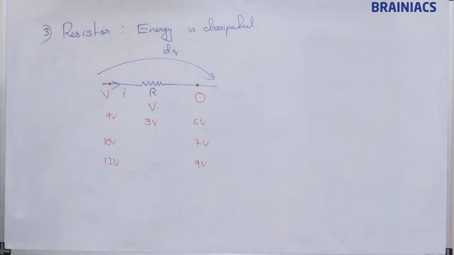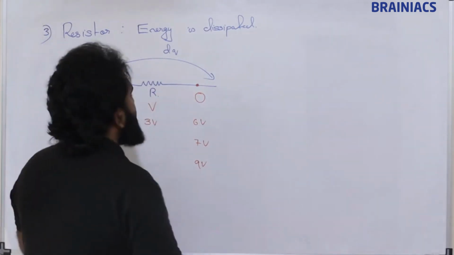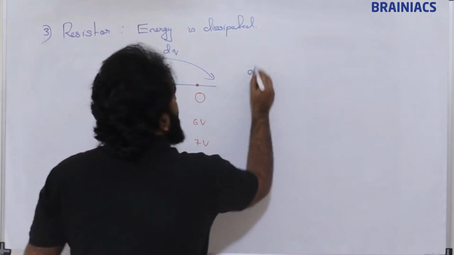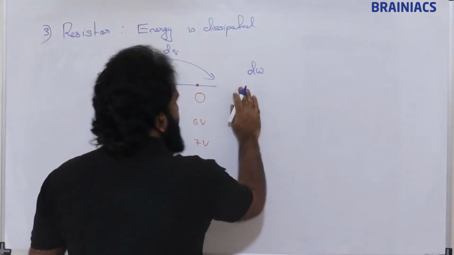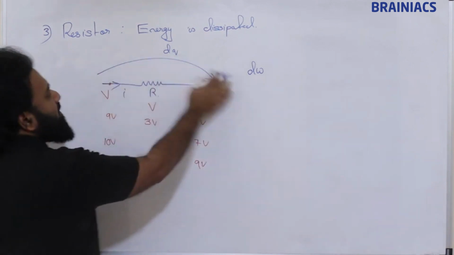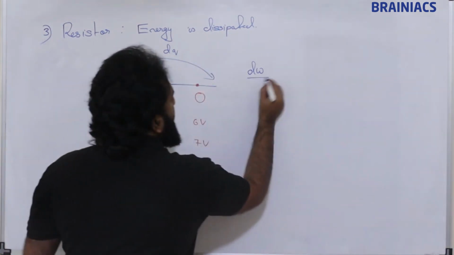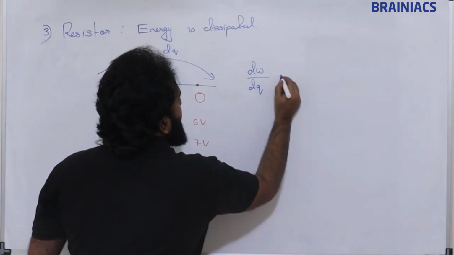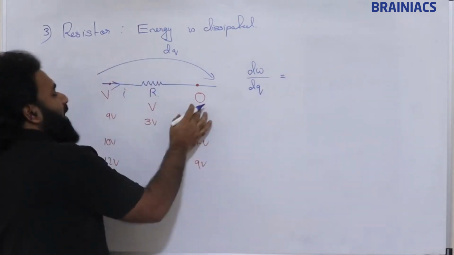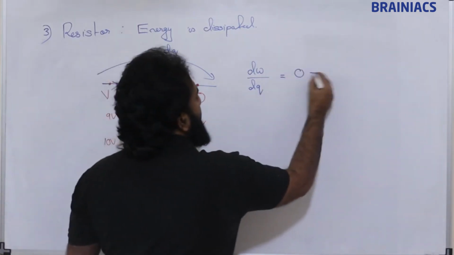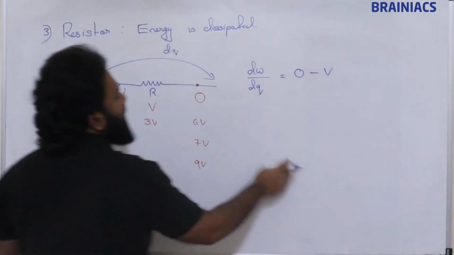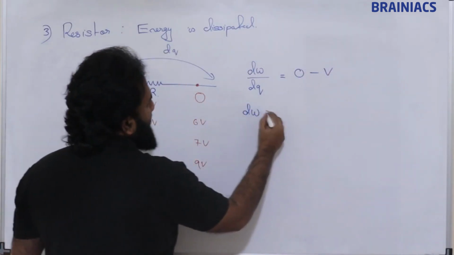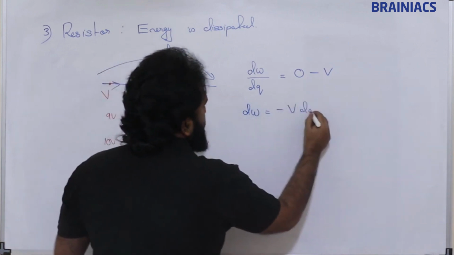So some work is done. Same concept, some work dW is done in order to bring the charge from this side to this side. Work done per unit charge is final potential minus initial potential. So dW is nothing but minus V dq.